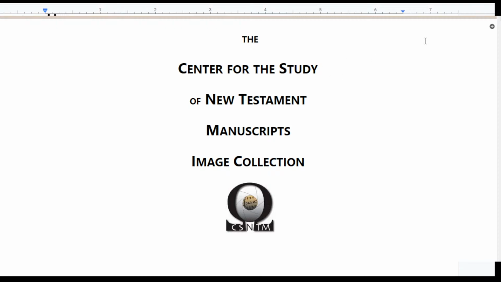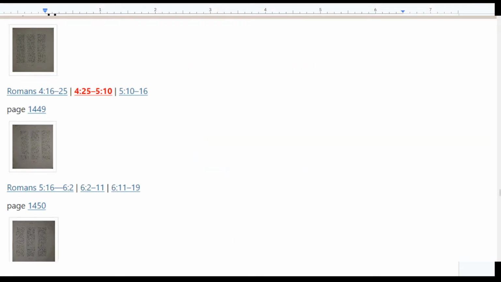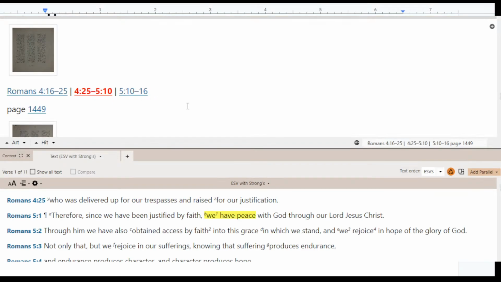We're going to go to Romans 5:1. It's not the oldest manuscript of Romans, but it's the oldest complete one. I think I have P46 and Sinaiticus with me, so we can look at all of them if you're interested.